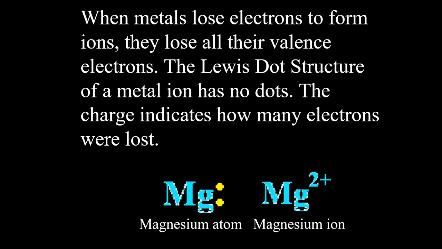Just a reminder, when a metal loses the valence electrons, then it forms the ion. We talked a little bit about that in the last note with electron configuration, on exactly how that works.